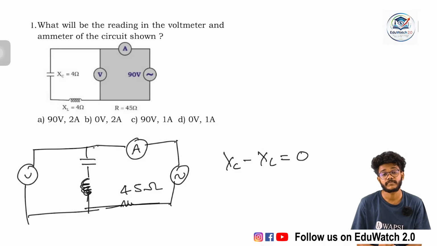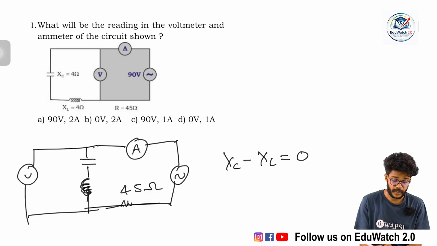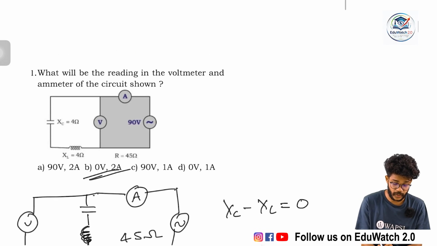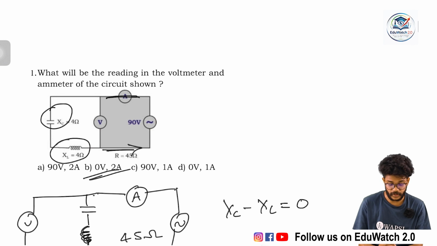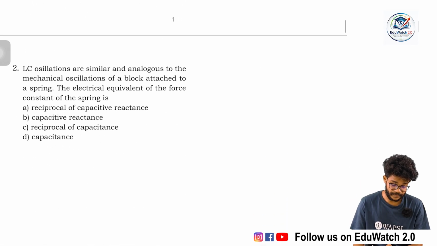So the current is 2 ampere and the voltage drop is 0 volt, because we measure the current through here, so the same current is passing through the resistor also. So the voltage drop across these inductors is 0 and the total current is 2 ampere. So we can move to the next question.